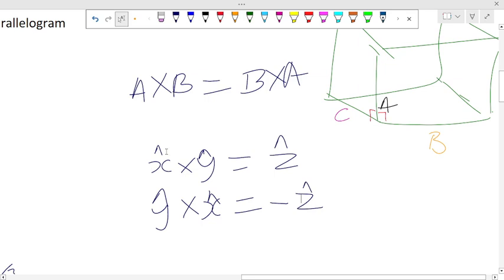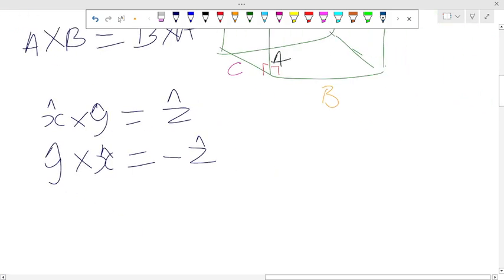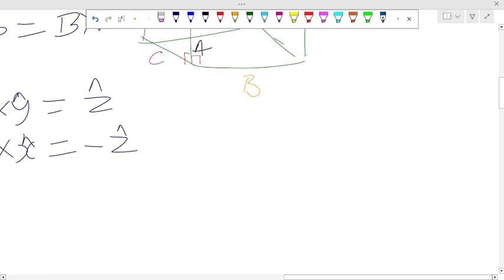How do I know this? Why do we have it like this? There is a rule, a pattern you have to bear in mind, which is quite easy. This is the pattern.